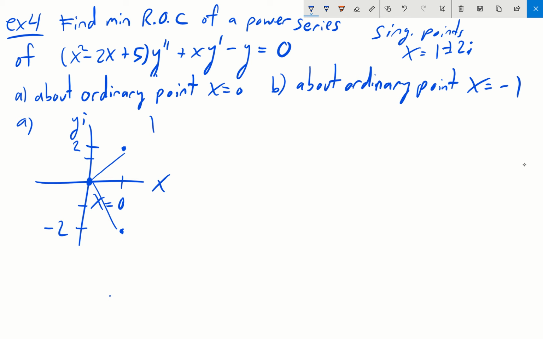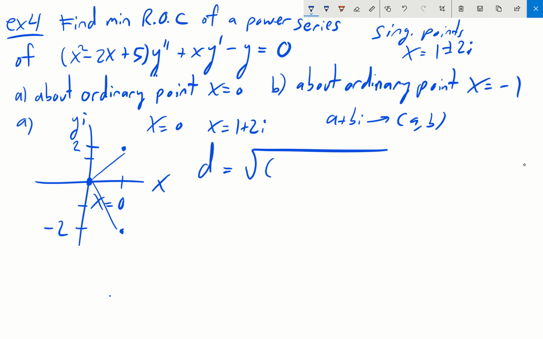So maybe I'll find the distance between x equals 0 and x equals, let's say, 1 plus 2i. An easy way to do this is if you associate to the complex number the ordered pair in the plane (a, b), then it's simply just using the distance formula in the plane. This is the square root of (x2 minus x1) squared plus (y2 minus y1) squared, where x is the real part of the complex number and y would be the imaginary part.